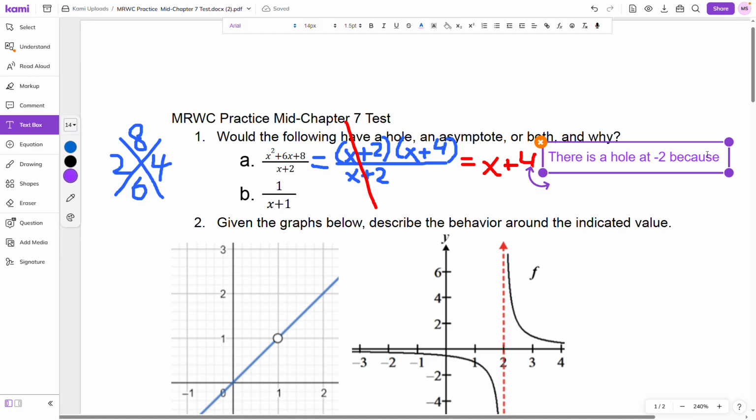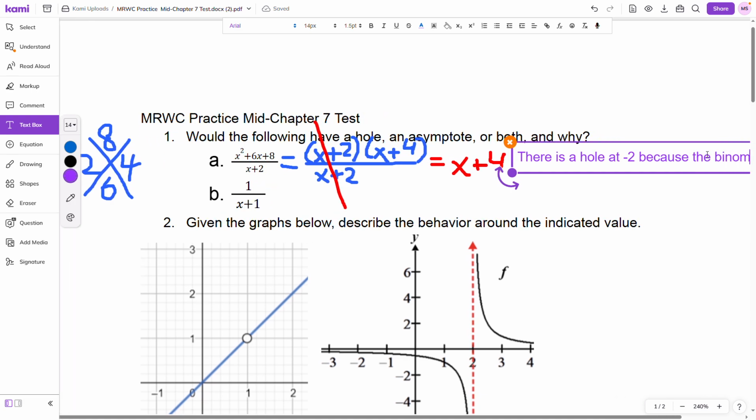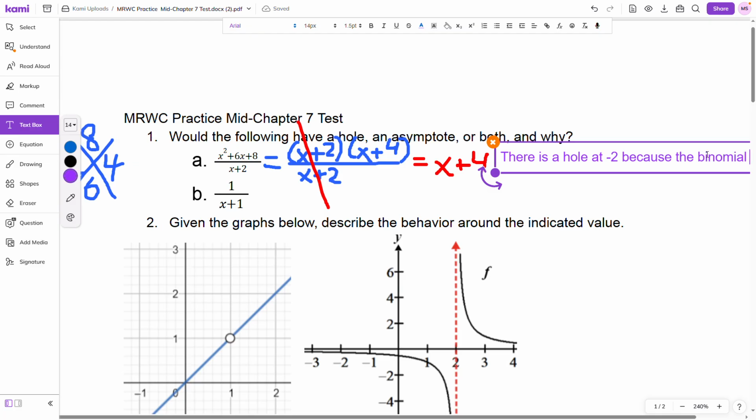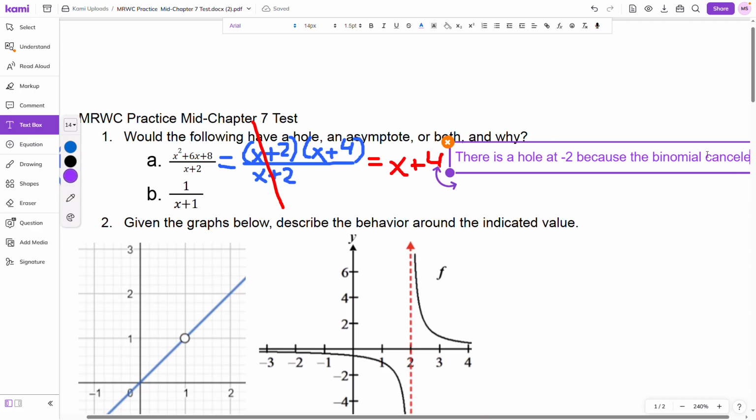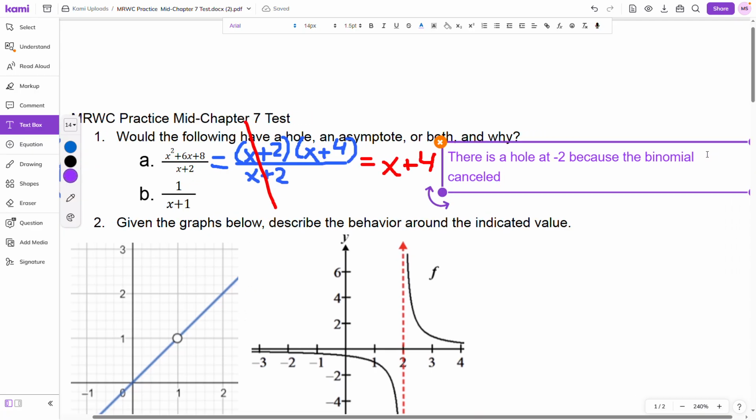Like, there's a hole at negative 2 because the binomial canceled. I don't know. We'll just say that. Is canceled an appropriate word? I suppose. There's a hole at negative 2 because the binomial, I'll be more specific, because the binomial x plus 2 canceled. How about that?